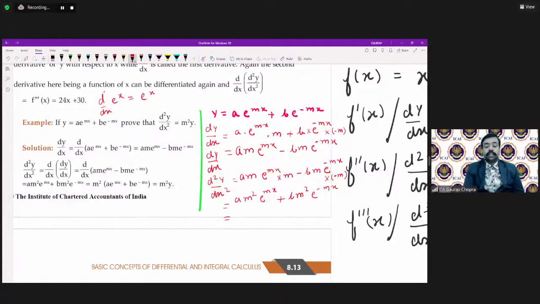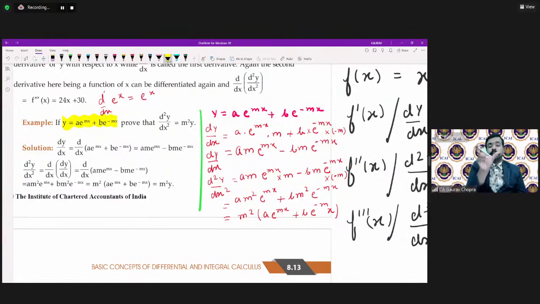Taking m square as common, we get m square times a into e to the power of mx plus b into e to the power of minus mx. All right, so we have got the result. Now when we see the question again, y is equal to this thing only.